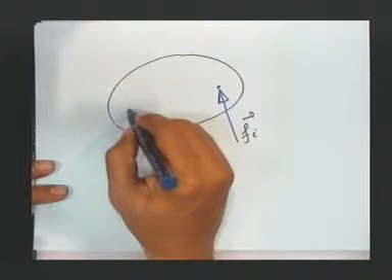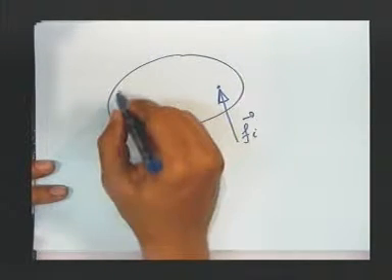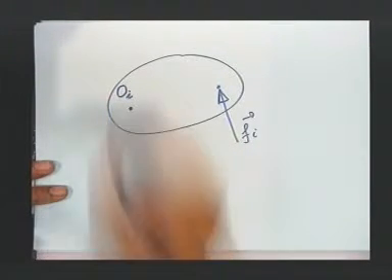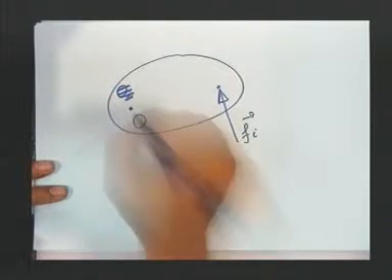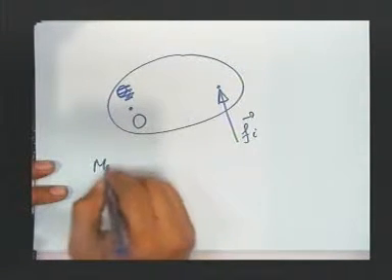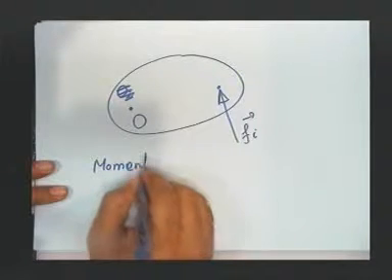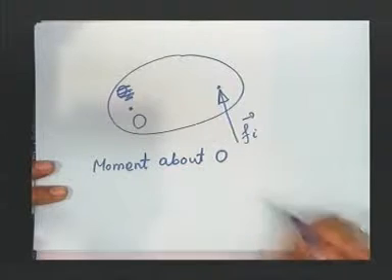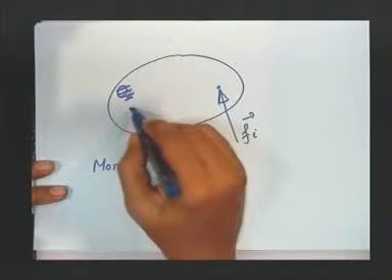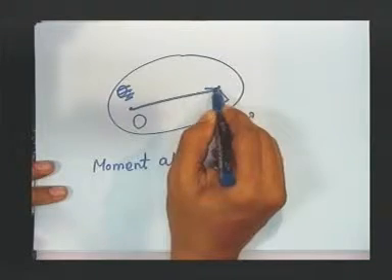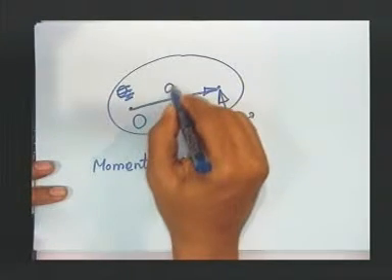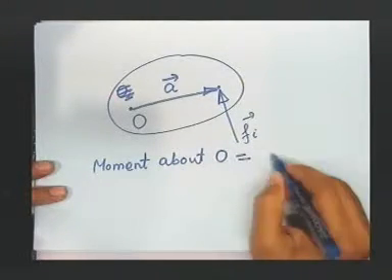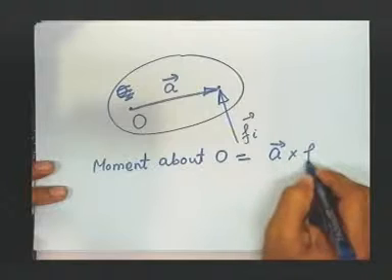Now, we know that if I want to calculate the moment about O_i, or let us say just a point O. So, moment about O is this vector, let us say this is a vector A, cross f_i. So, this is equal to A cross f_i.